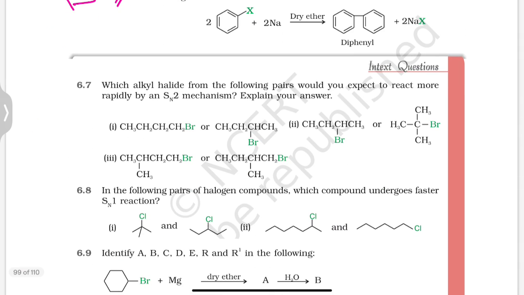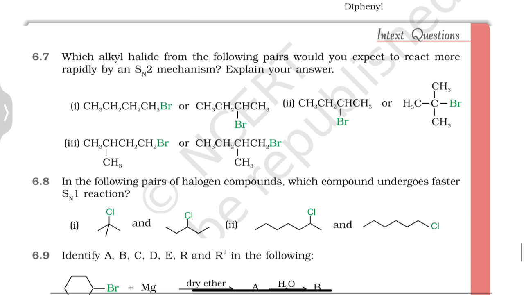Now we will solve in-text questions. Which alkyl halide from the following pairs would you expect to react more rapidly by SN2 mechanism? So we will see which one will undergo SN2 mechanism at a higher rate. So this is the first one and this is the second one.